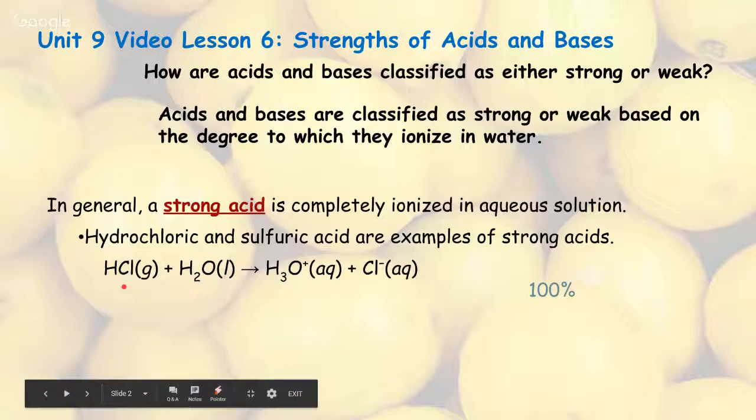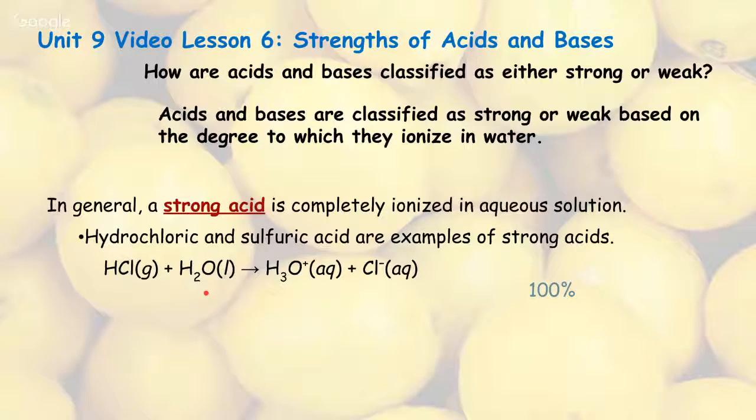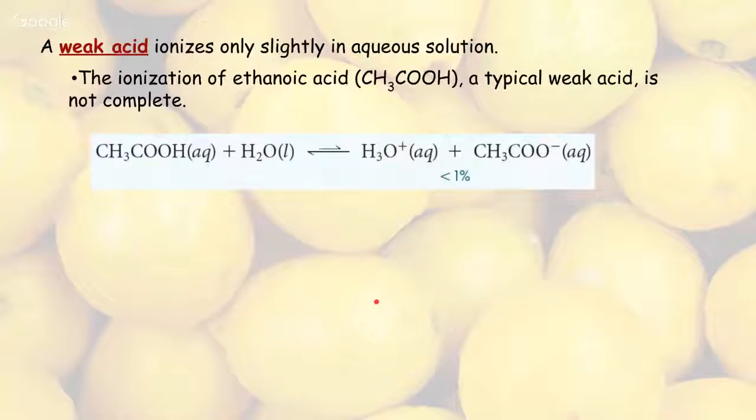If we take some hydrochloric acid as a gas and bubble it into some water, it's going to completely ionize into hydronium and chloride ions. And that is indicative of strong acids. They completely ionize. On the other hand, weak acids only slightly ionize in aqueous solutions.